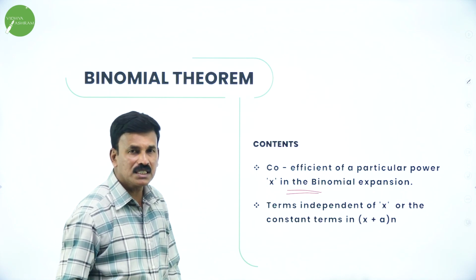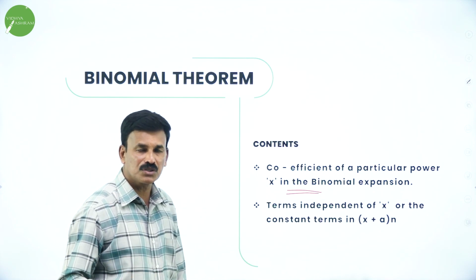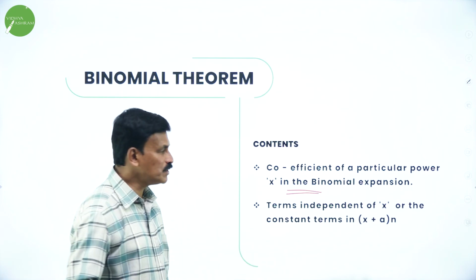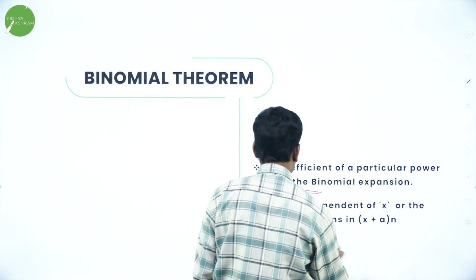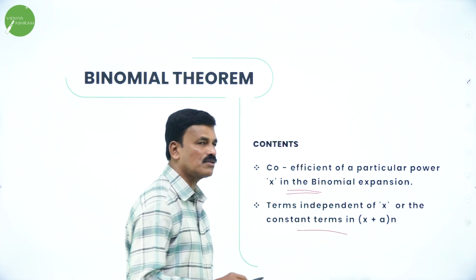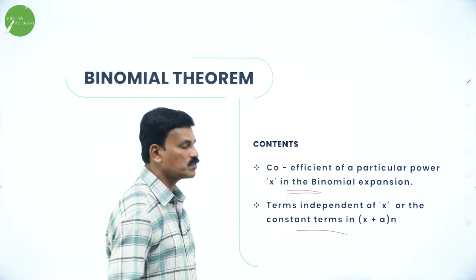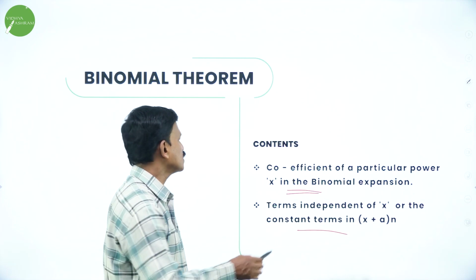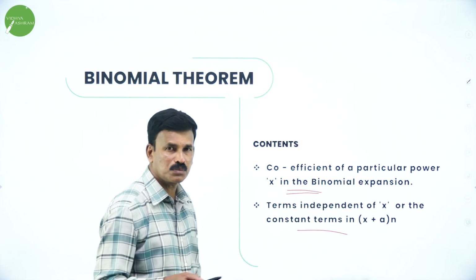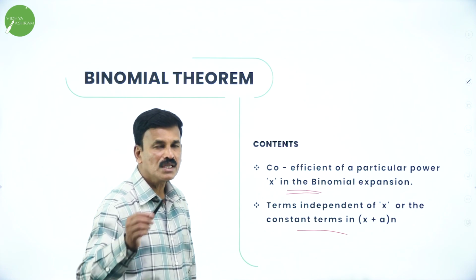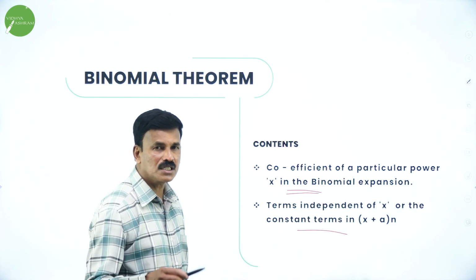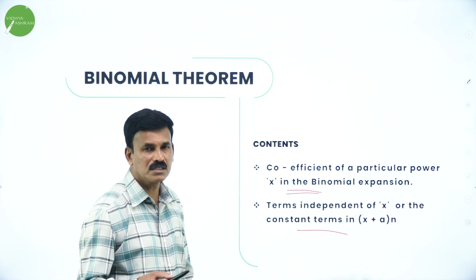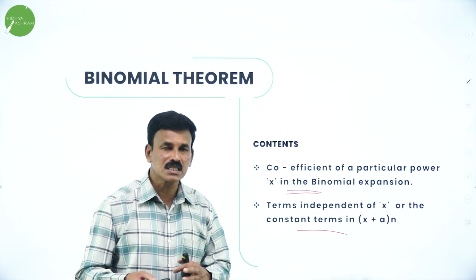Even if it is a y term, the coefficient of y square, y to the power of 4, y to the power of 6, etc. And also the term independent of x in the expansion, also called the constant term in the expansion of (x plus a) to the power of n. So finding the coefficient of a particular power of x in the expansion of (x plus a) to the power of n, and also finding the constant term or independent term in the expansion of (x plus a) to the power of n, these are the things we are going to discuss in this session.